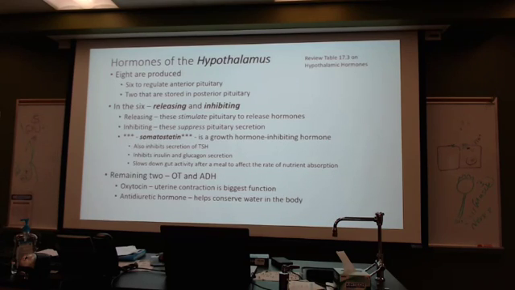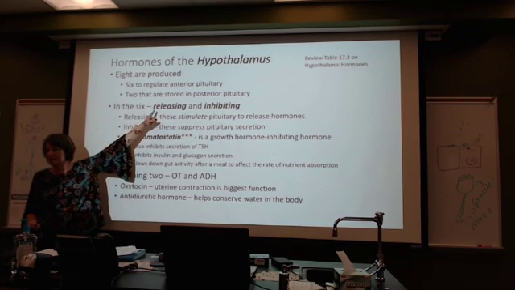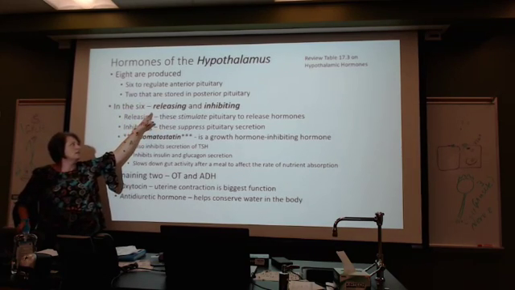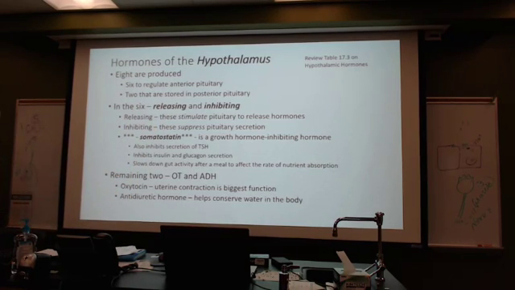Of the 6, remember how I said we were going to get releasing, stimulating, inhibiting, that sort of thing? In the hypothalamus, we're going to have releasing and inhibiting. So that means my hypothalamus can give the order for something to be made, meaning released, or for something to not be made, which would be inhibiting.